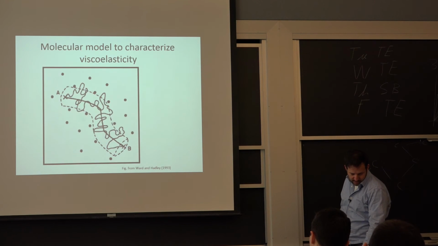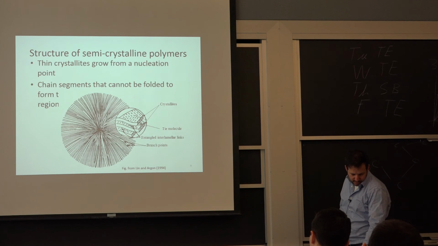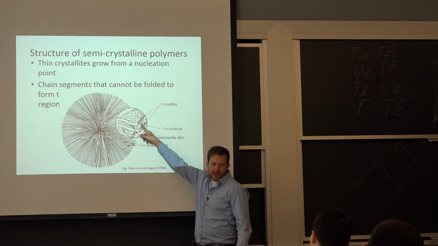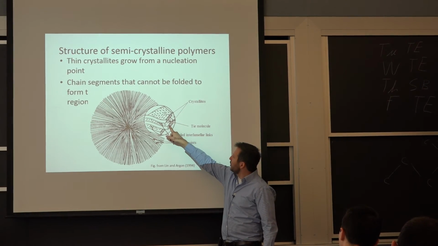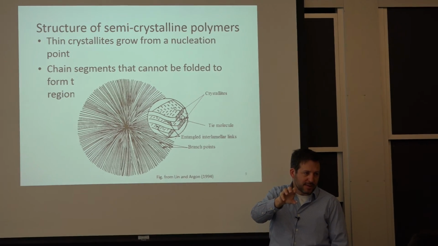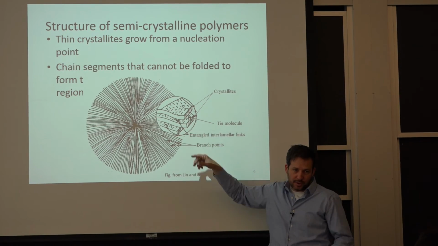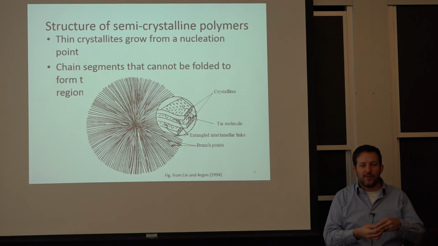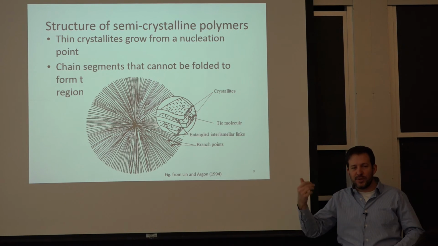I hope I have a view of that. See here, it folds back and forth. Some of this is going to be one spaghetti piece, some of it is going to be another one. And where you have the knots, you just put that in the amorphous zone.